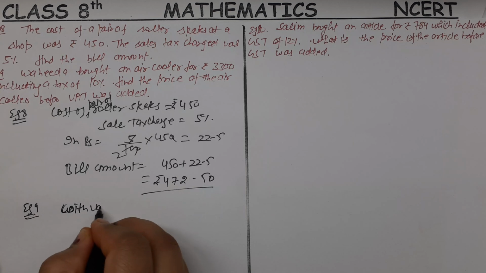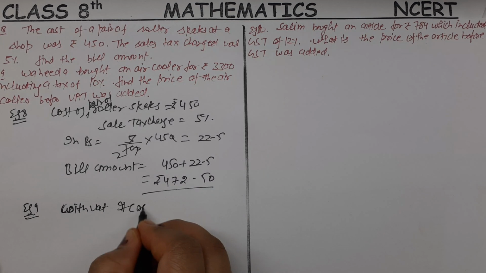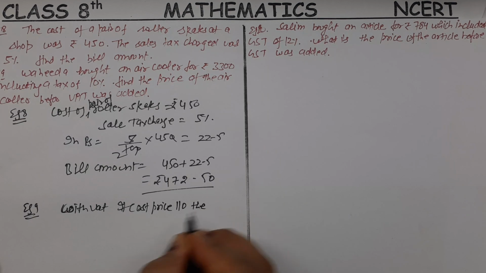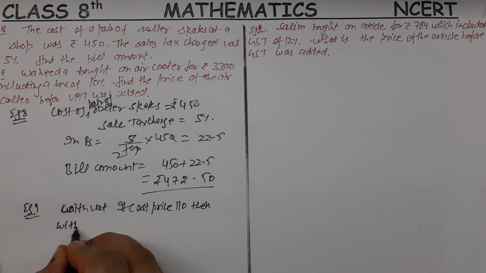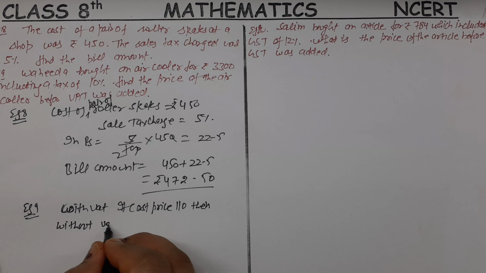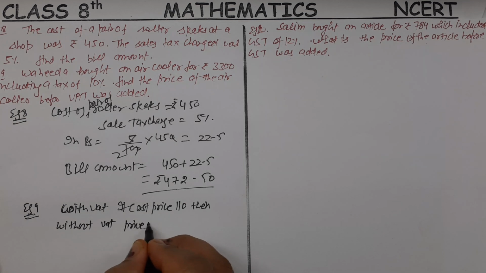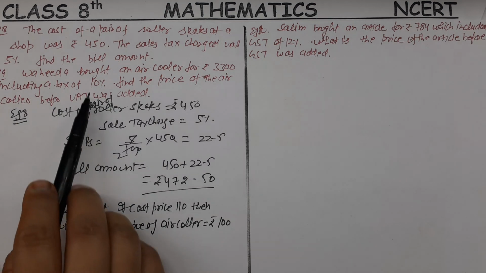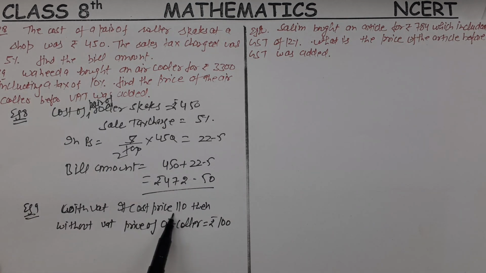With VAT, if cost price is 110, then without VAT the price of the air cooler is rupees 100. We add this percent to 100, that's why it becomes 110.